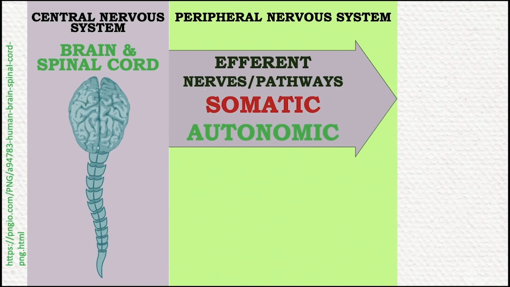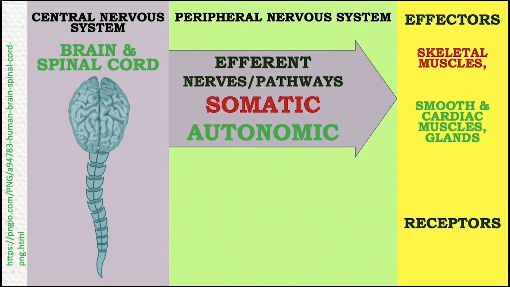Those nerves or nerve fibers that go from the central nervous system are called efferent nerves or pathways, and it has two components, the somatic and the autonomic. The effectors of the somatic are the skeletal muscles, and for the autonomic, we have the smooth and cardiac muscles and glands. The somatic is involved in voluntary movements or responses, while the autonomic is for involuntary movements or responses.